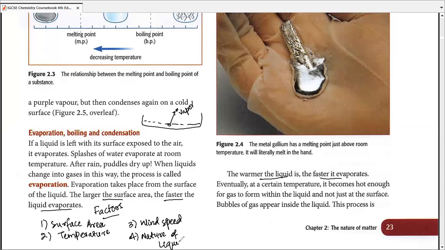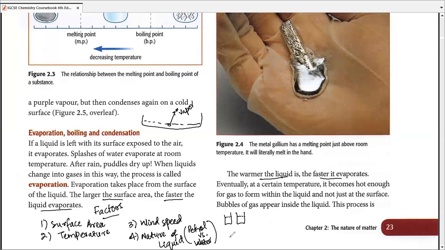So number 4, nature of a liquid. Some liquids dry up faster than others. Petrol. If I fill up a glass of petrol and put it somewhere, and at the same time fill up a glass of water at the same height and put it somewhere, if I come back the next day, the glass of water would be there with a little bit of evaporation.